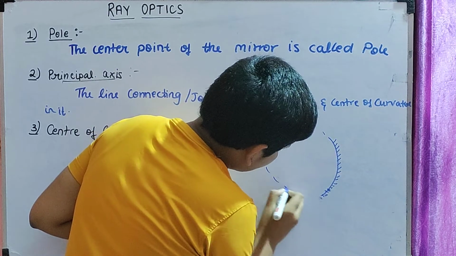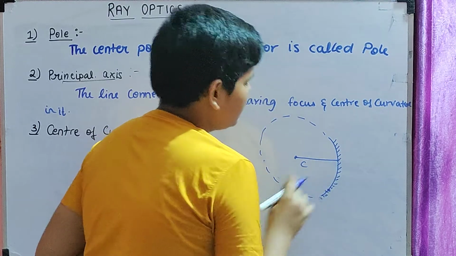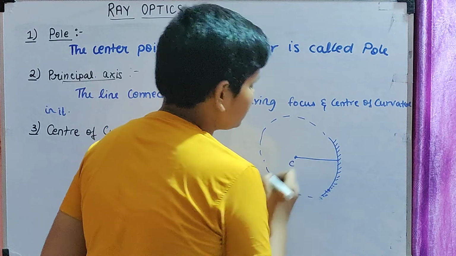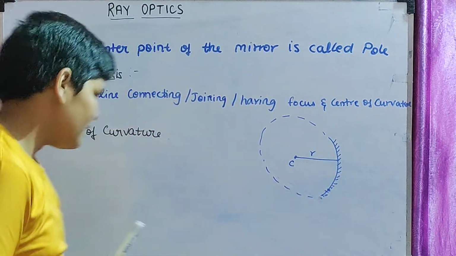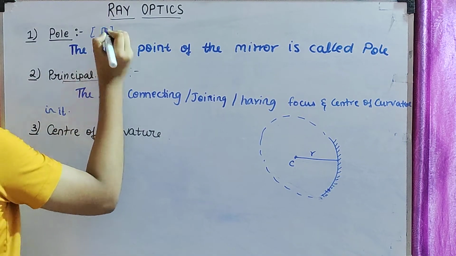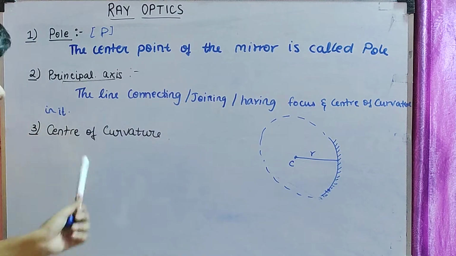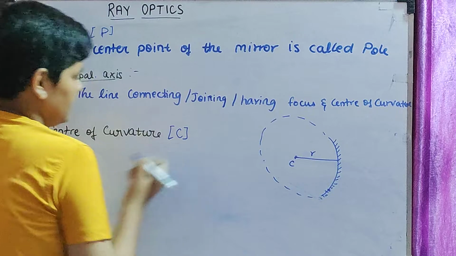So the center of this sphere should be this, right? So this point over here is called center of curvature, and this distance is called radius of curvature. So pole is represented by P, capital P. Principal axis, we are not representing it because we are directly drawing it. Center of curvature represented as C.